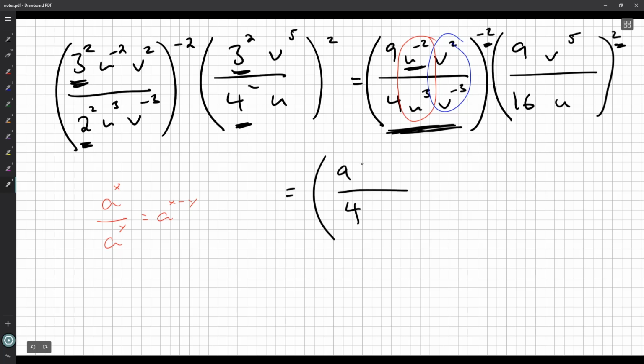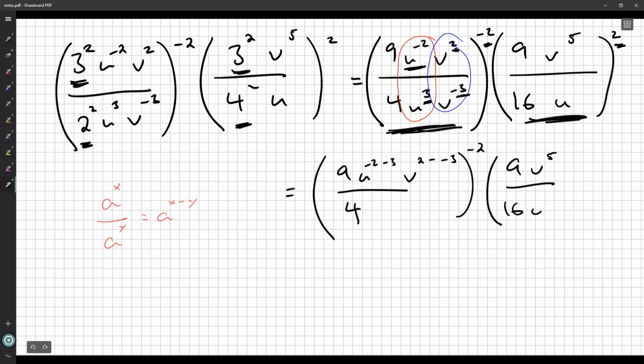But now u to the negative 2 divided by u to the 3. I'm just going to subtract this 3 here. And v to the 2 subtract negative 3 here. And then that's all being raised to the negative 2. Okay. And then, well, there isn't a whole lot going on here with the other side.